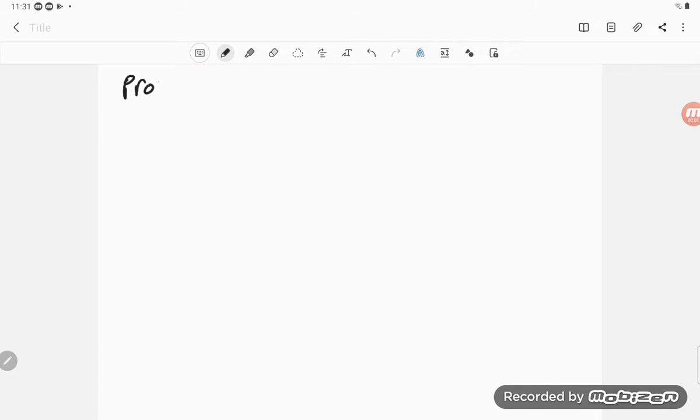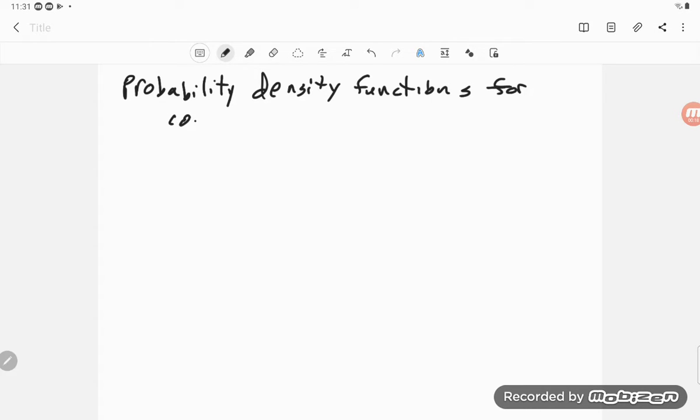Here are probability density functions, and these are for continuous variables.